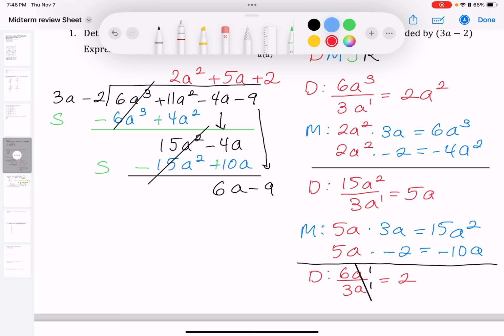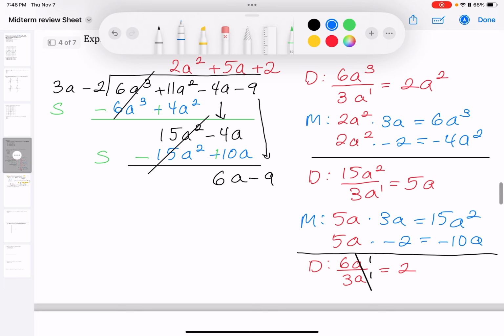And now we're going to do the M part. M is multiply. So we're going to multiply the 2 by our divisor, which is 3a minus 2. So 2 times 3a. 2 times 3 is 6. So 2 times 3a is 6a.